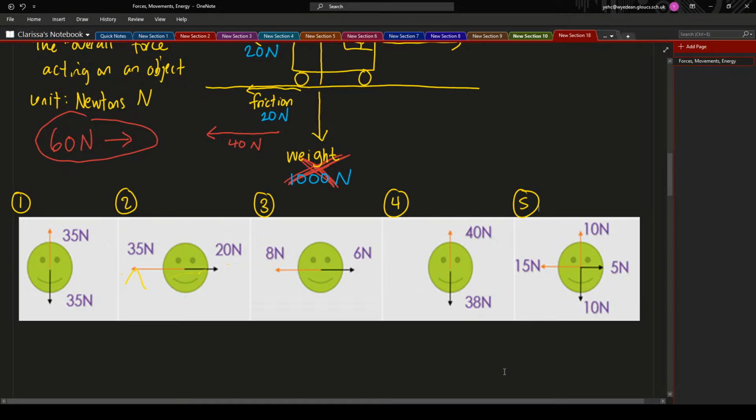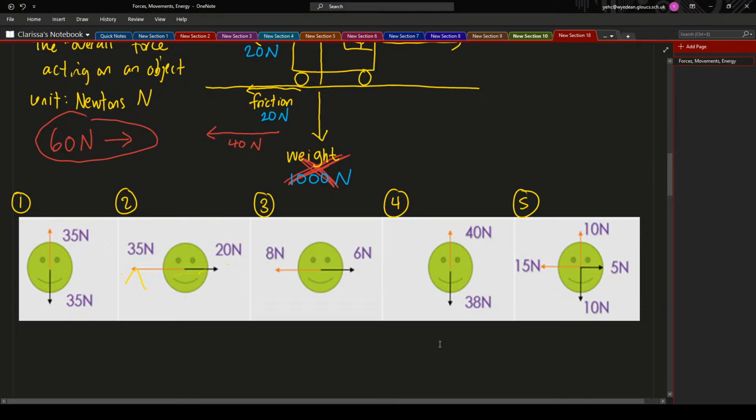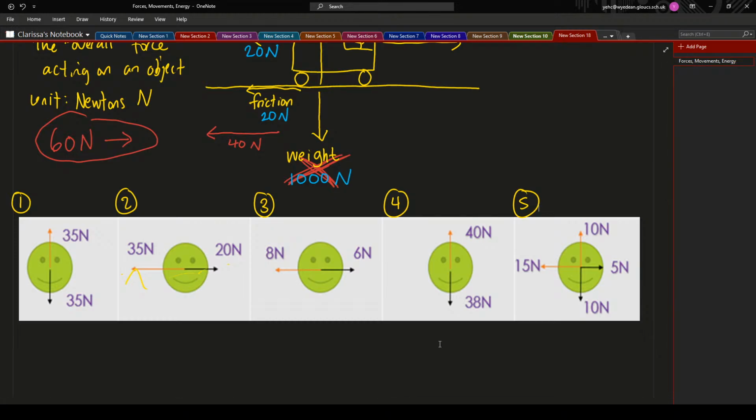And then we'll give 5 minutes, so at 10:35, I'm going to give the answers to these to check that you have managed to find the resultant force for each of these. Actually, this shouldn't take you as much time. We'll say 3 minutes. 10:32.